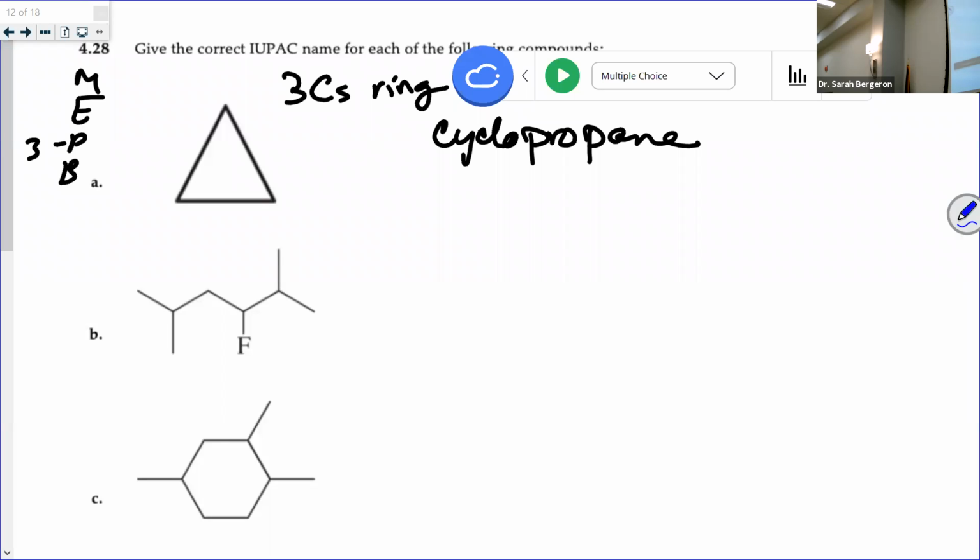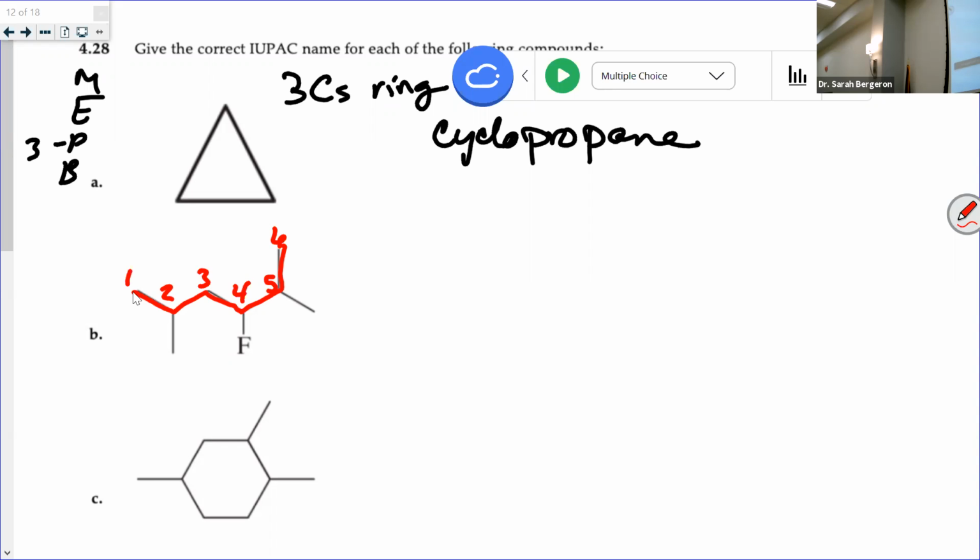So if I start drawing and I go this way, I want to go my longest path without picking up my pen. So how many carbons did I go through? I went through 6 carbons.